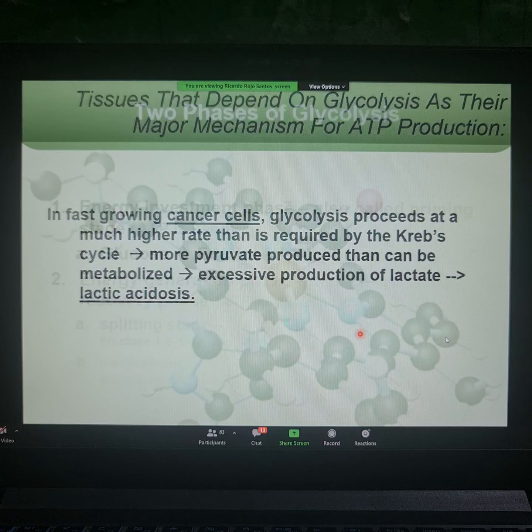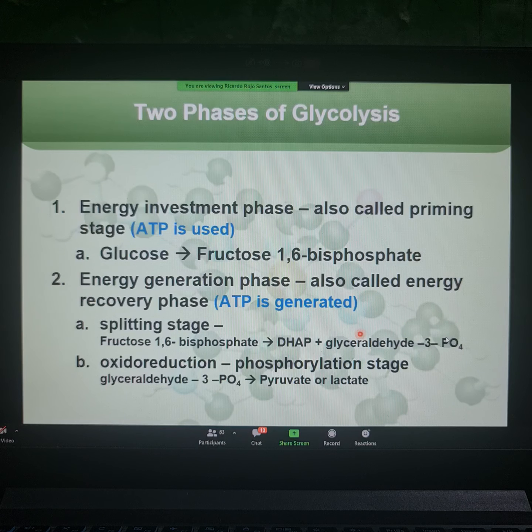Okay? Now, there are two phases of glycolysis. The energy investment phase, also called priming stage, wherein ATP is used. Okay? Now, this starts from glucose up to the formation of fructose 1,6-bisphosphate.